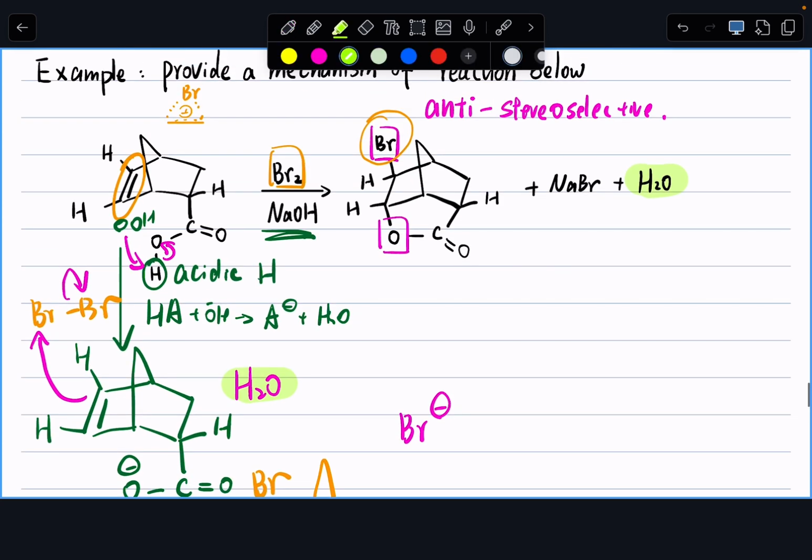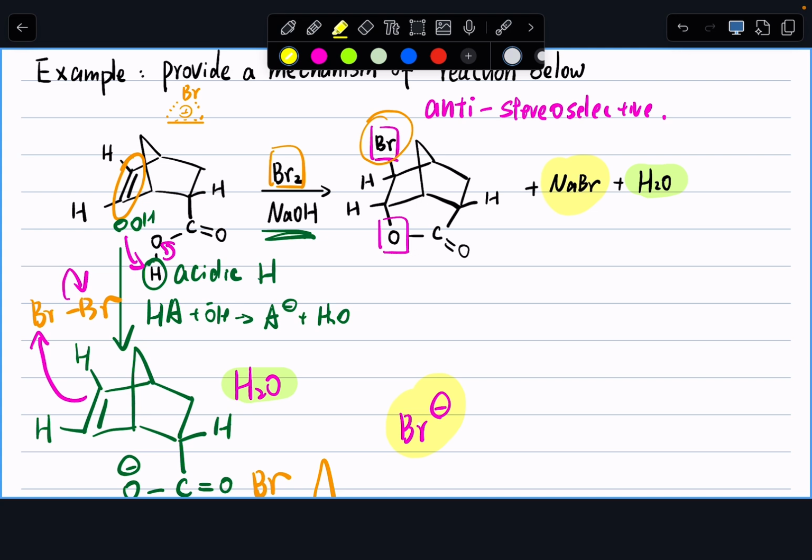And I look at my product, I'll be like, okay, so Br minus is being generated as one of my side products, so I'm on the right track, right? So that's how we figure out the second step, and what's in the question is actually helping me in solving the problem, especially the side product that's being generated.